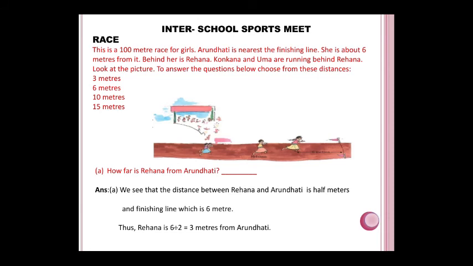So what you have to do? You have to divide. 6 divided by 2 is 3 meters, because half means divide by 2. So Rehana is 3 meters from Arundhati.